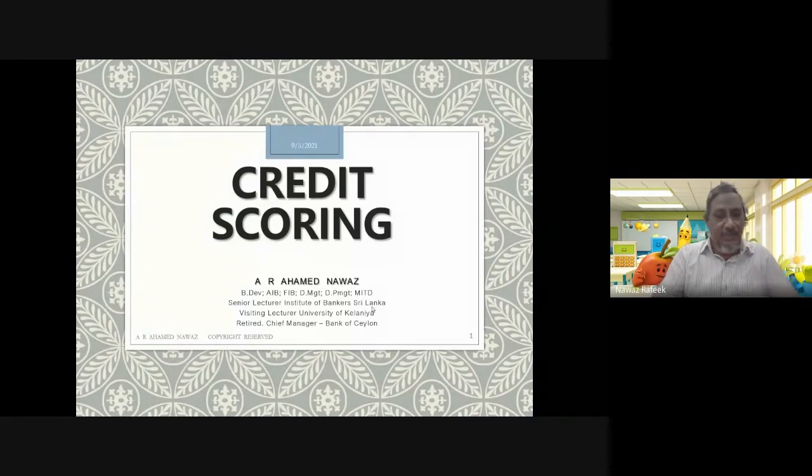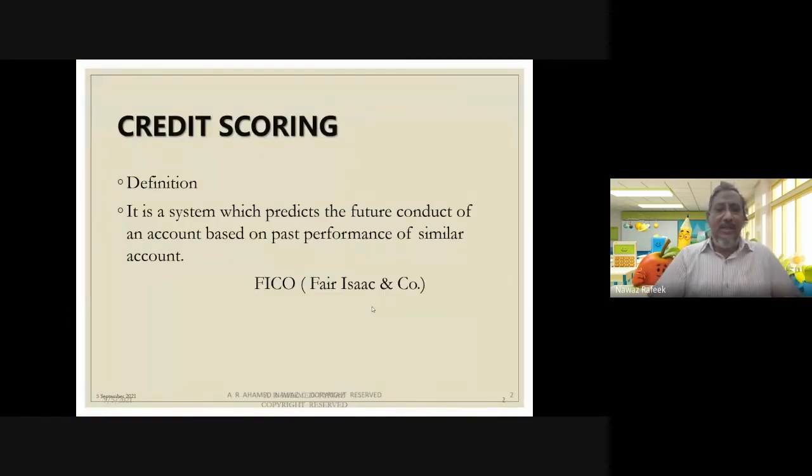First, I'm going to discuss credit scoring. This is not a new thing; it came in a long time back. Credit scoring was introduced by FICO, Fair Isaac and Company in the USA, a system which predicts the future conduct of an account based on the past performance of a similar account.